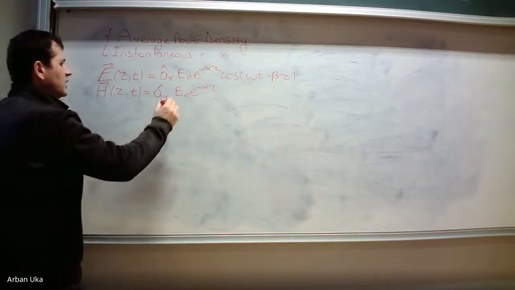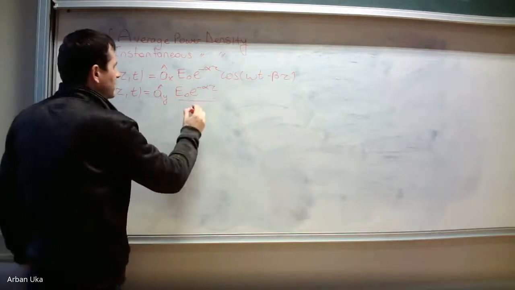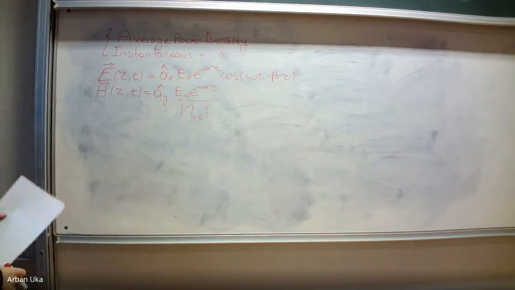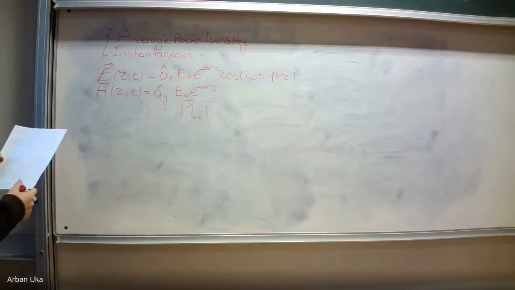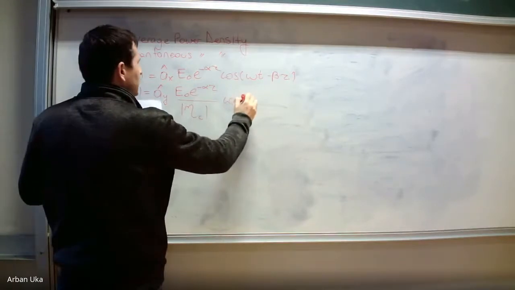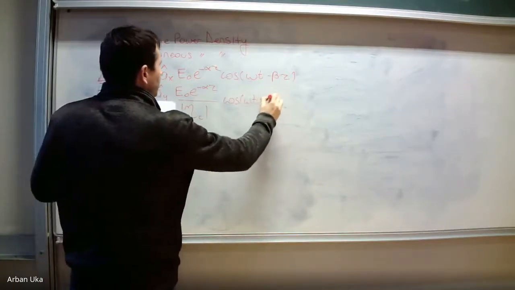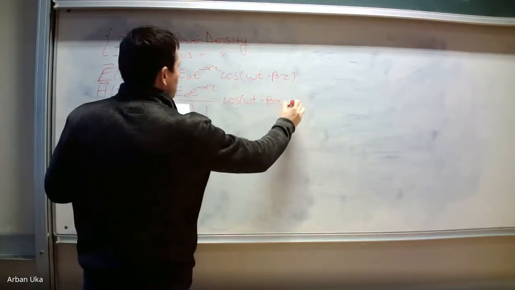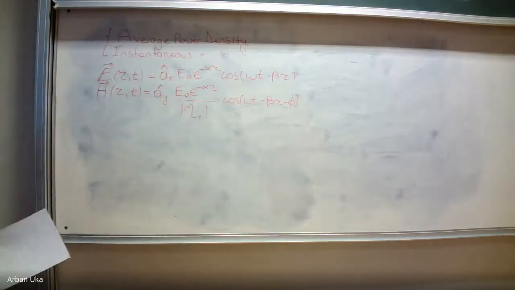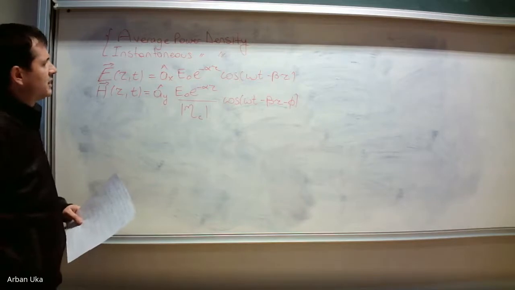And this is divided by the amplitude of the impedance, which is a complex number. This then continues as cosine of omega t minus beta z minus phi, where the phi angle is the phase angle between the E and the H.